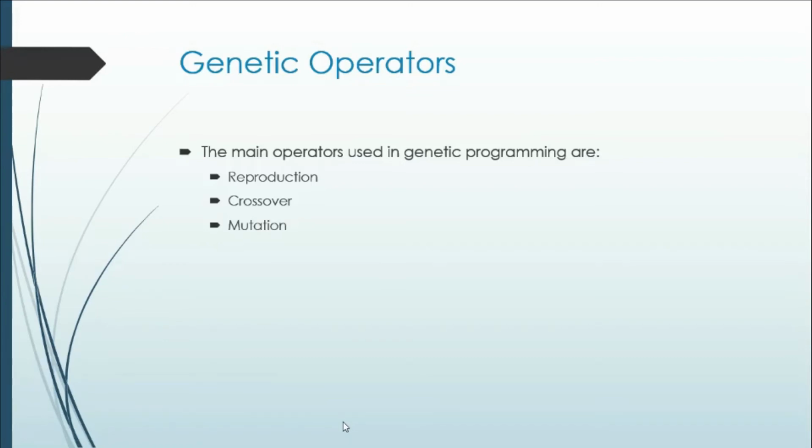It can be the solution quality, or it can be the time taken to obtain that particular solution, etc. There are different criteria for finding out the fitness function. So the main operators used in genetic programming are reproduction, crossover, and mutation.